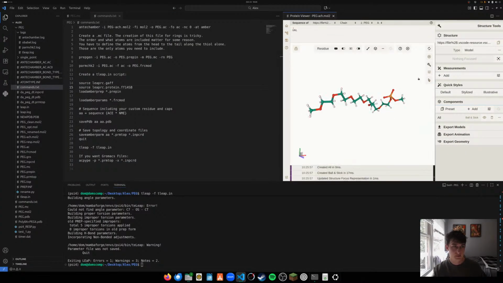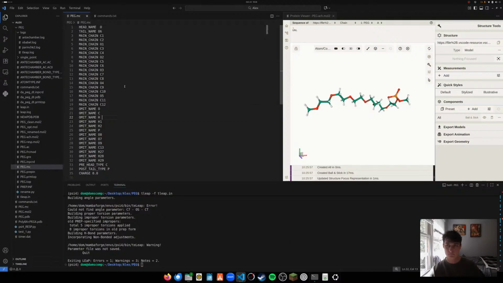So instead of this, it'll be O. So this will be the head. Pre-head type will be C. We'll include C1 as the main chain. Omit name O. I don't know how that'll work.